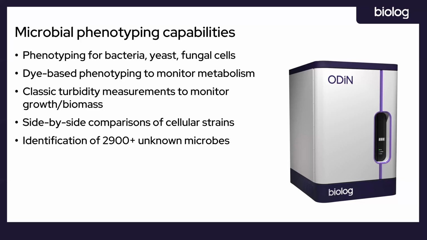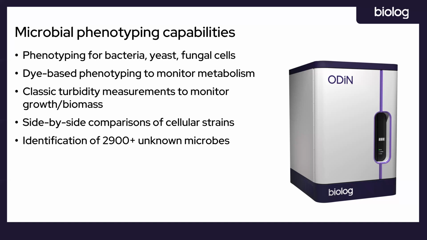So this brings me to Odin, which is our all-in-one solution for cellular characterization. It's capable of phenotyping a variety of microorganisms like bacteria, yeast, and fungus. It can incubate and measure any of our phenotyping microplates at multiple wavelengths, allowing you to measure both dye-based metabolic reduction as well as classic turbidity measurements to assess cellular growth, ultimately providing you with robust, actionable data to allow you to hone in on specific conditions that impact growth or cellular respiration.